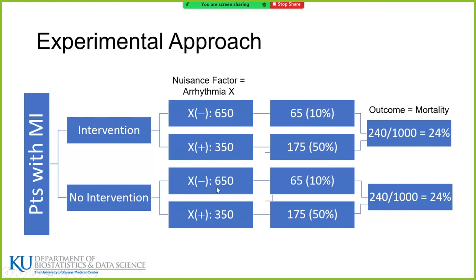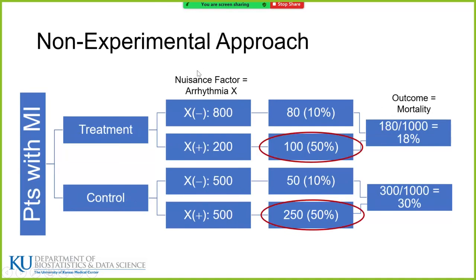And so what that does is it spreads that increased mortality risk equally across the two groups. So at the end, I'm able to see that there really is no difference in mortality rates associated with the intervention. What differences I saw here were due to this confounding factor, arrhythmia.